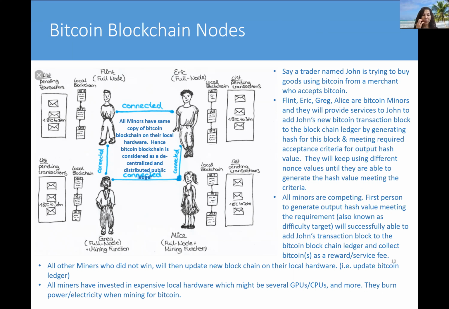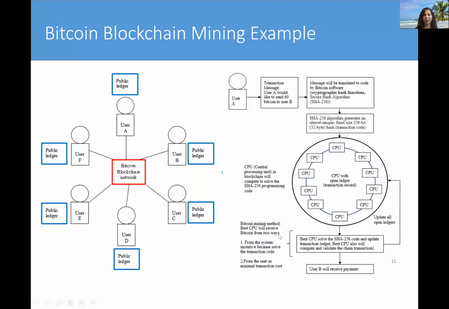All the other miners will update the new blockchain because they get this nonce, and they're going to continue. And these miners are invested in this transaction because they're putting computational power into it.